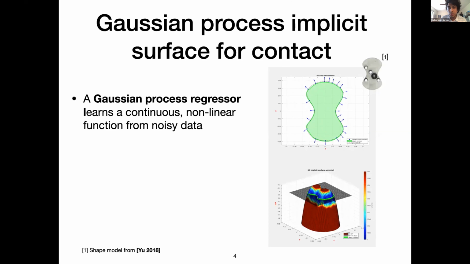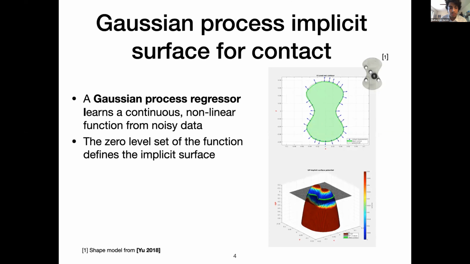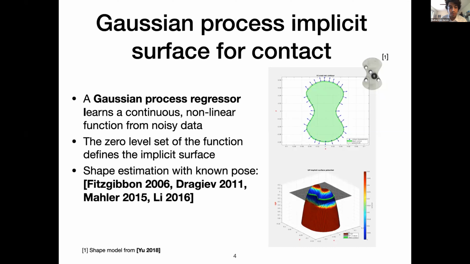So for example, the image on the right here tries to represent this object using a potential function. And the zero level set there defines what the implicit surface of the object is. So it's continuous, it's non-parametric, and it's pretty nice to use. There's a good breadth of work that uses this for known pose mapping for 2D and 3D settings.